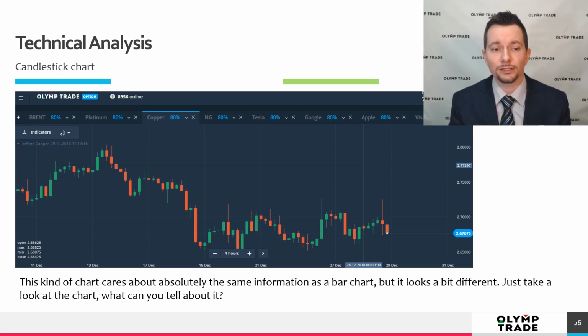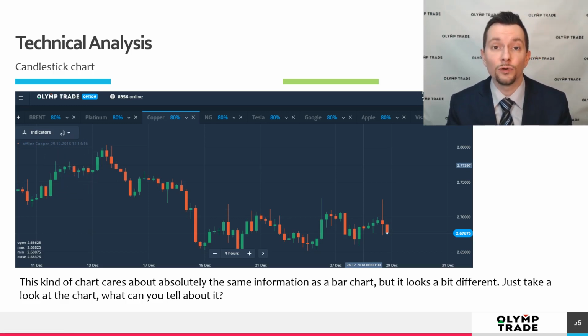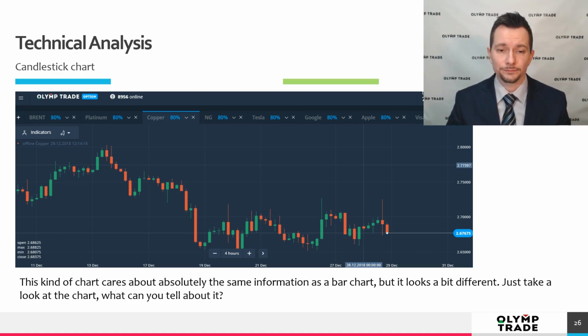So it takes a lot of the guesswork out, and it shows you very easily when you have a candle like this, a doji candle, which basically shows undetermined movement. That's easier to spot with this kind of chart. Exactly the same as a bar chart, just looks a little bit more appealing, a little bit easier to understand.